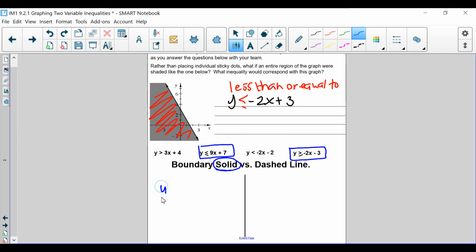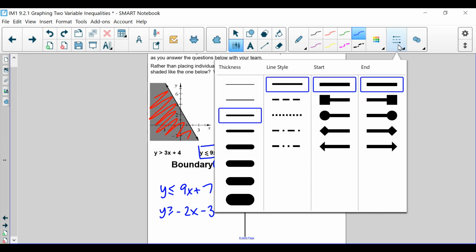These are going to be solid lines. By solid line, I mean that the line has no gaps, whereas a dashed line looks like this.